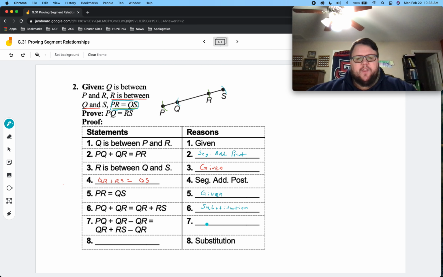Notice we're subtracting, so we call this the subtraction property. So when we subtract them, QR cancels here and QR cancels here. So we're left with PQ equals RS.